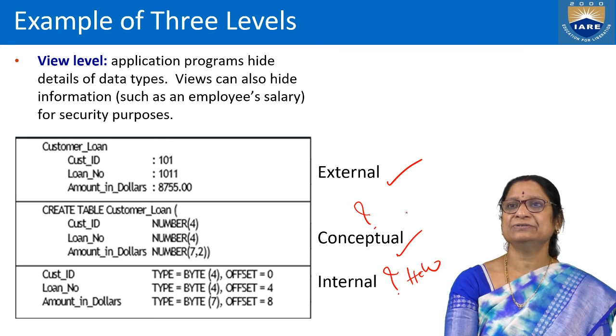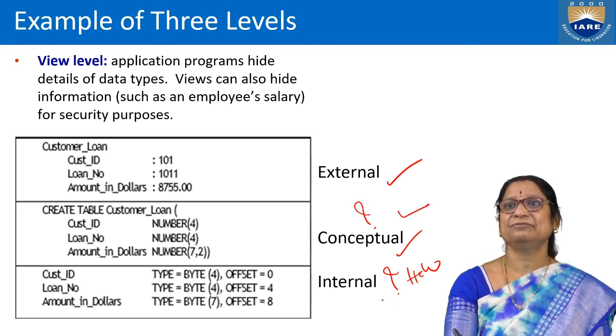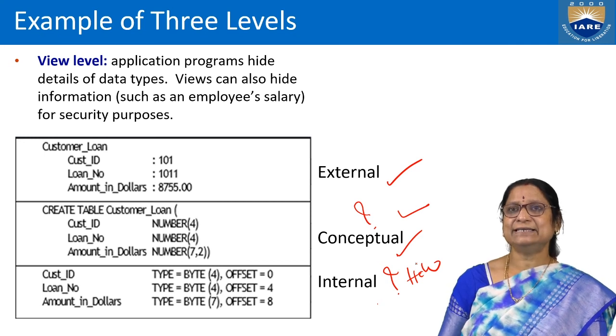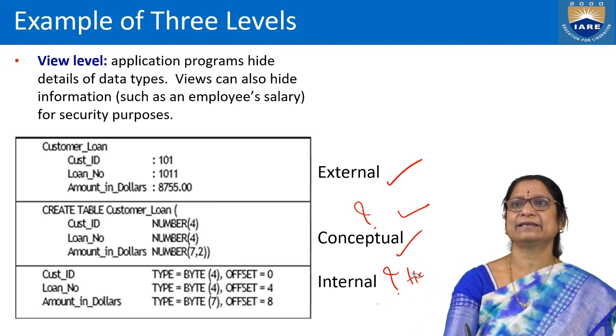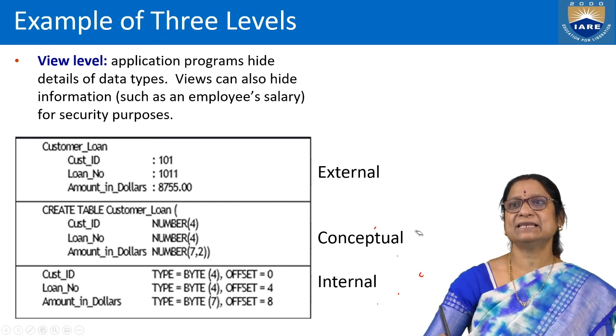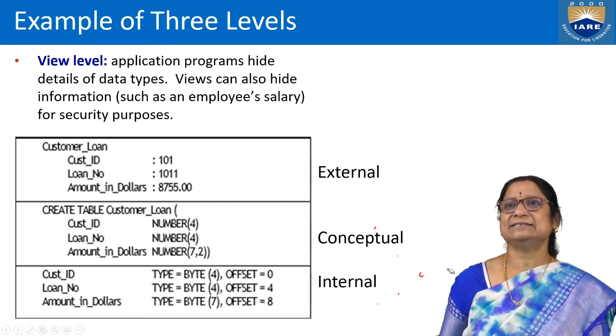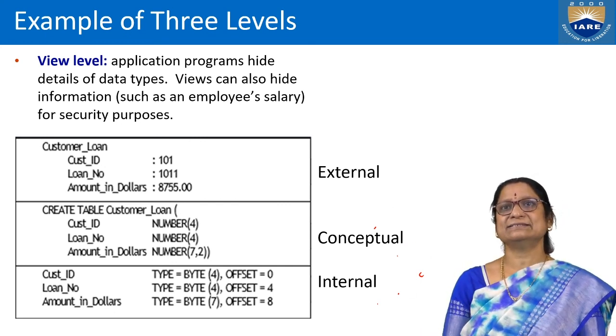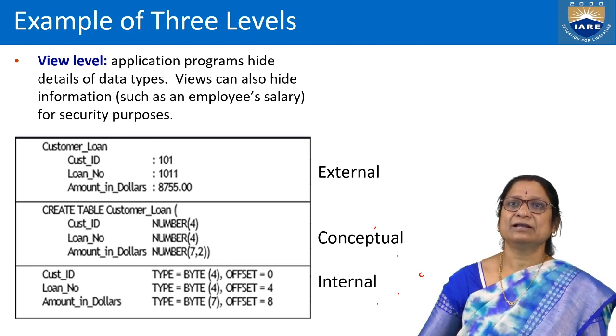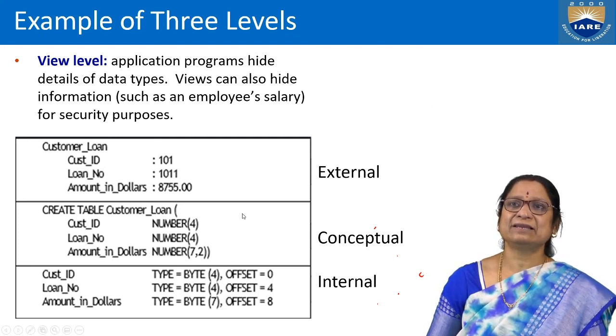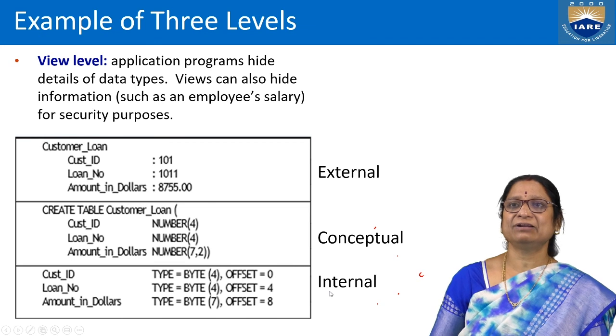Most of the people, when you are doing this, will work only at the conceptual level. At the physical level you may not go in the initial stages. That means most of the details are hidden: from the various levels of users, the next level's details are hidden. At the external level, conceptual level details are hidden. At the conceptual level, internal level details are hidden.